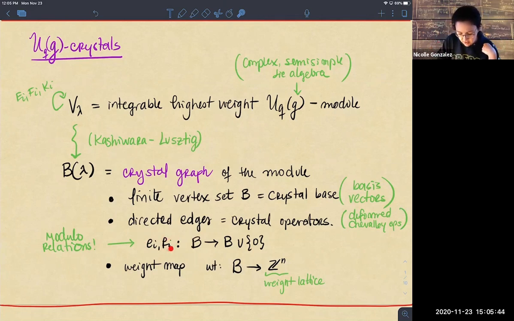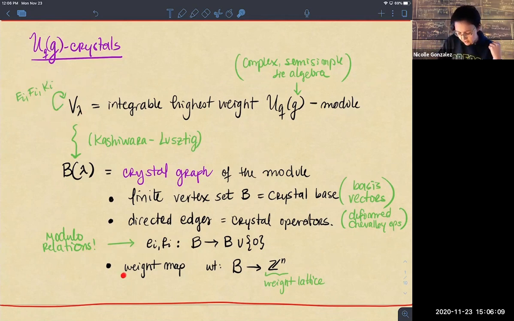Of course, these edges satisfy certain relations, encoding commutation relations, or sometimes they don't commute; sometimes they braid, for example. These relations are exactly the ones encoding the module structure. They're the relations of the generators up here, deformed, because we're taking some sort of q equals 0 limit.